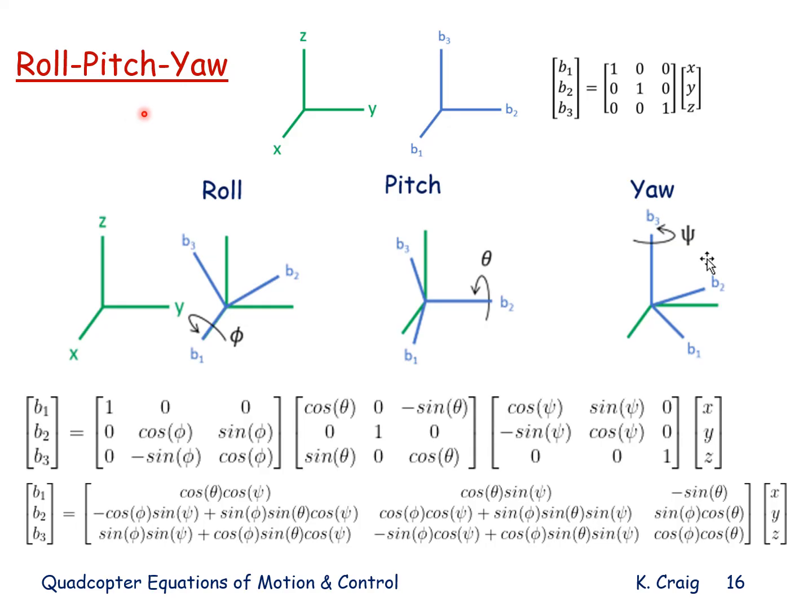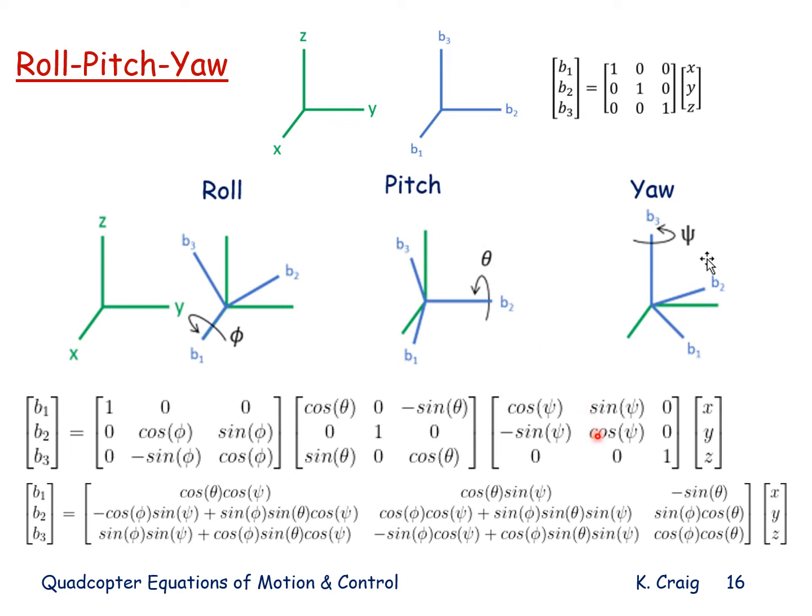I want a relationship between those body fixed unit vectors and the unit vectors fixed in the inertial reference frame. I can combine the three matrices from the previous slide as shown below. Initially, the quadcopter's axes are aligned with the axes of the inertial reference frame.